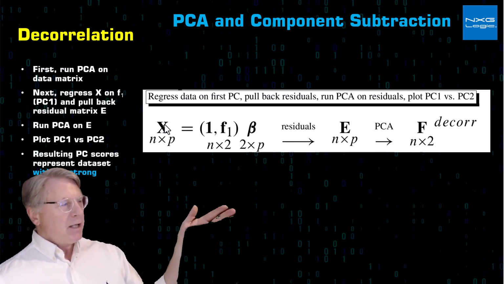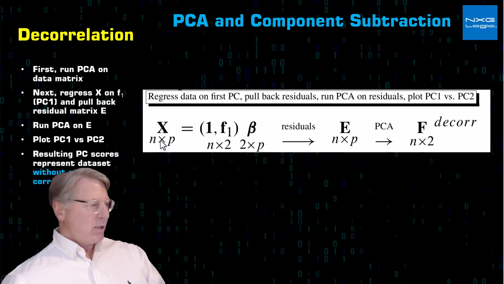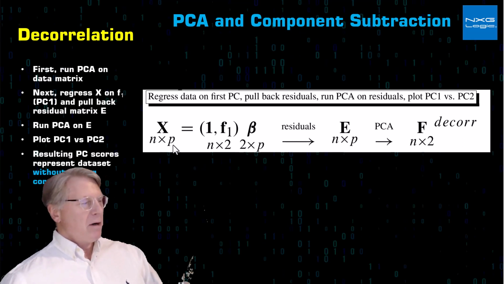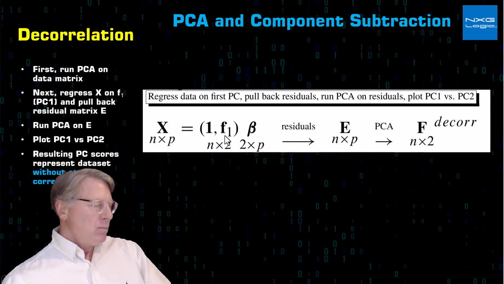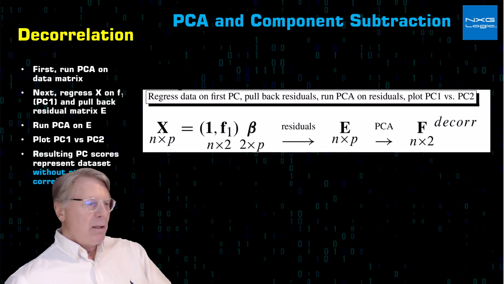So now instead of a vector y, you're taking your data matrix with dimensions n by p. So there are p variables, not just one. You ran principal components on this X data matrix, and now you're regressing X on the first principal component, which gathers the majority of the correlation among the predictors, including a constant term. Then the coefficient matrix is 2 by p, and you assume that the residual is a matrix that's n by p.